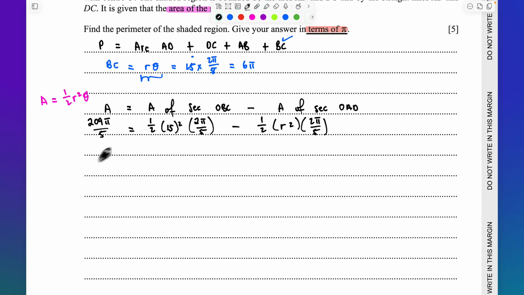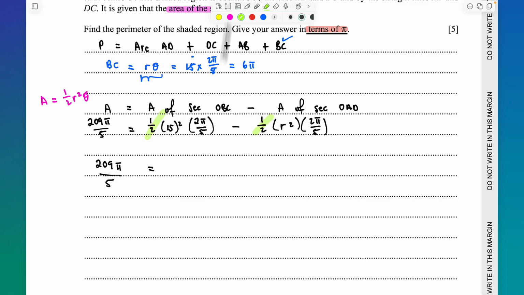So the best thing to do is to be careful with how we work things out. We still have 209 pi over 5 on this side. On this side, we're going to factor out common terms. This term has a half, this term has a half, and we can factor that out.